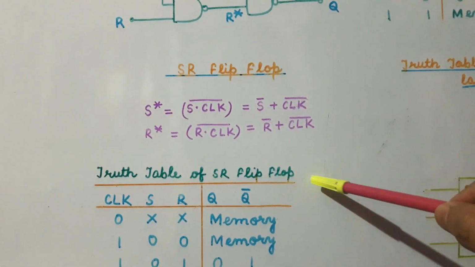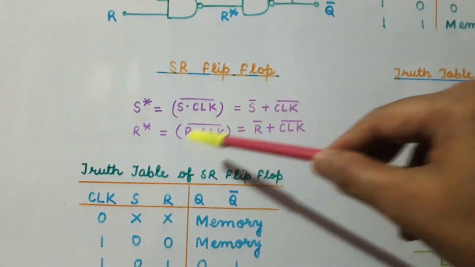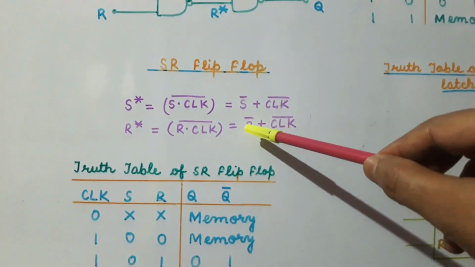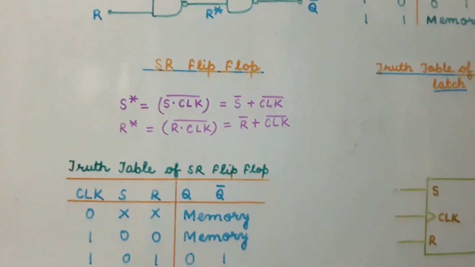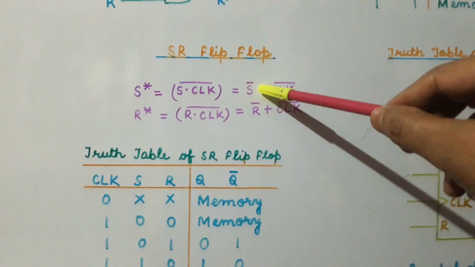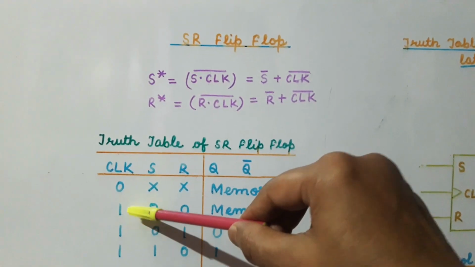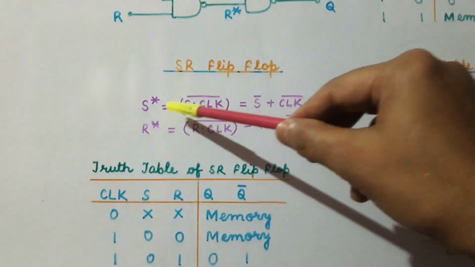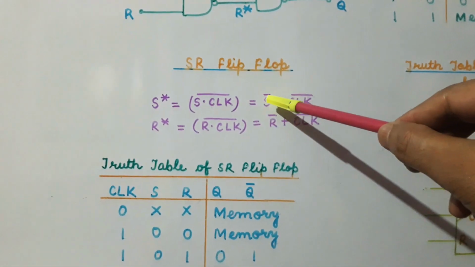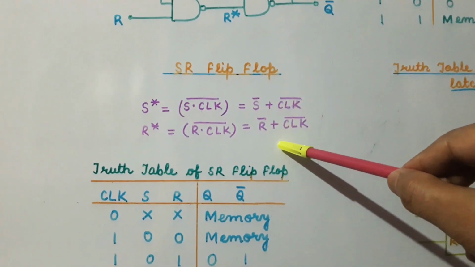So, we find that in this case, the value of S star will be equal to S bar and the value of R star will be equal to R bar. So, it will depend upon the value of the inputs S and R. Suppose we are giving the value of S as 0 and R as 0 and the clock as high, then the value of S star will be 1, the value of R star will also be equal to 1.